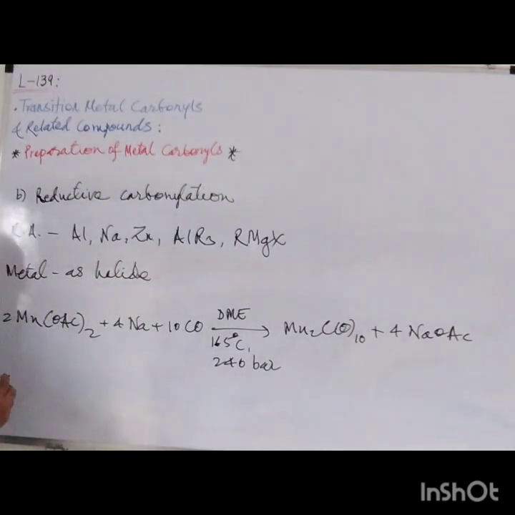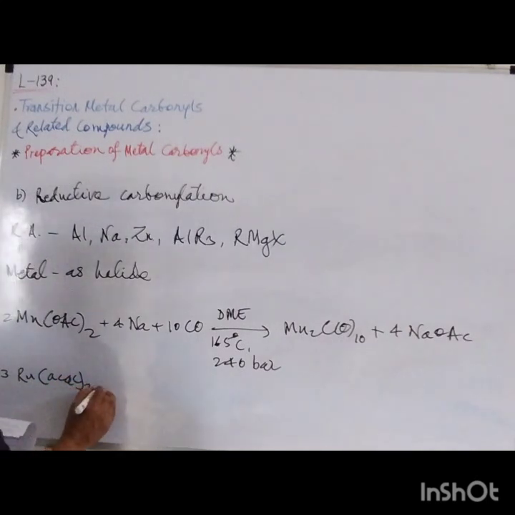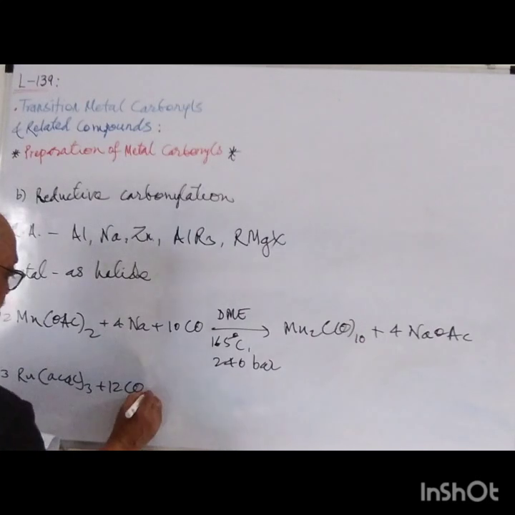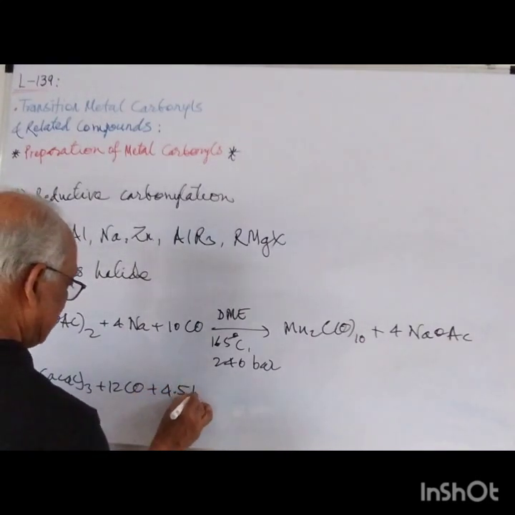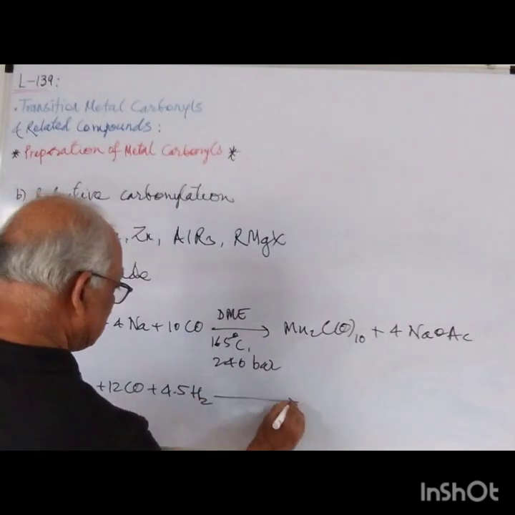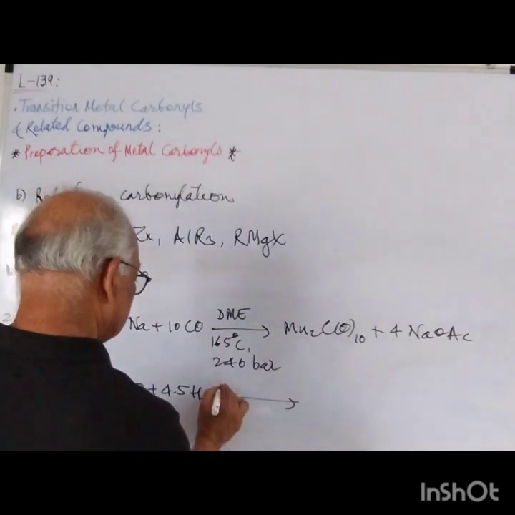Similarly, we can prepare the ruthenium polynuclear carbonyl using the acetylacetonate of ruthenium: Ru(acac)3 plus 12 CO plus 4.5 H2, means 9 hydrogens are required.